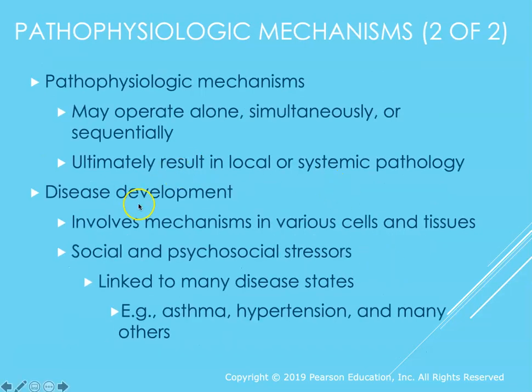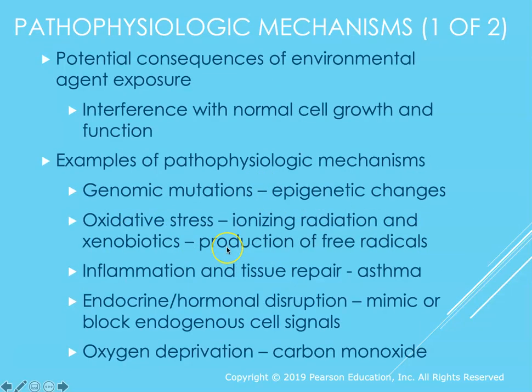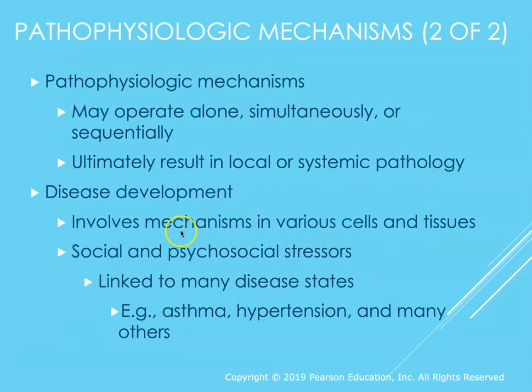It says here, disease development involves mechanisms in various cells and tissues. So if you're talking about mechanisms happening inside a cell, you would have to have one or more of these happening to multiple cells and then affecting things on a larger scale in order to cause disease. That's what this is referring to.